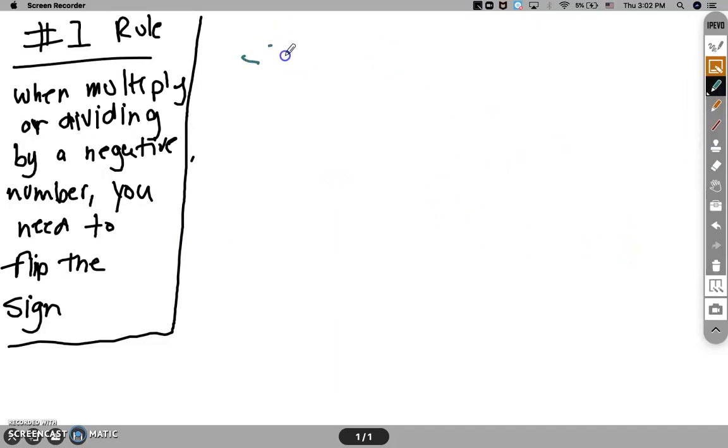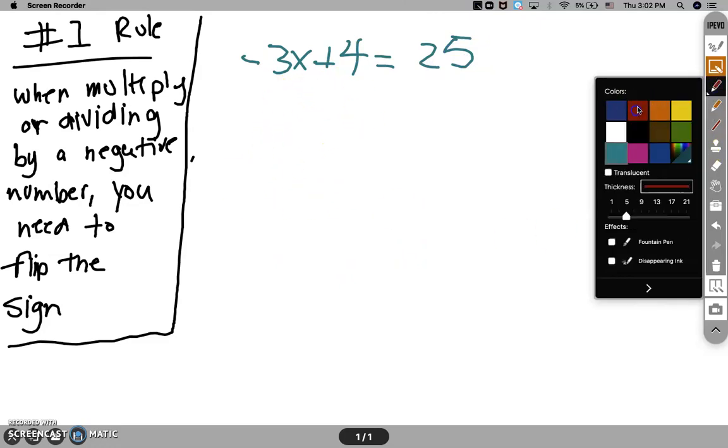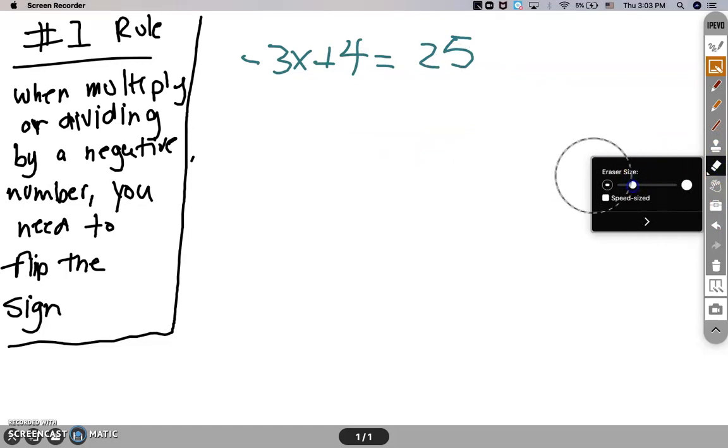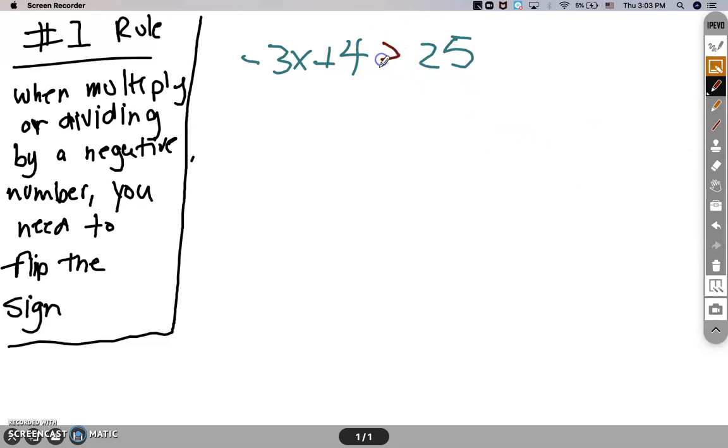Let's do negative 3x plus 4 equals, let's say, 25. The first thing I'm going to do is the same thing as when solving an equation. This is an equation, right? But what if we turned this into an inequality? So let's do negative 3x plus 4 is greater than or equal to negative 25.